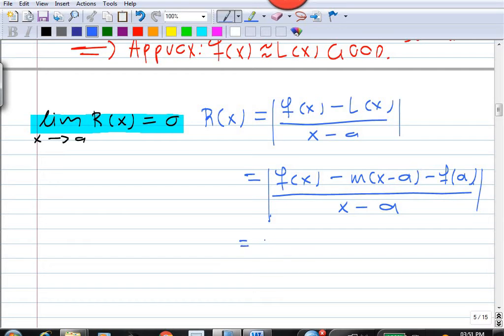And this in turn, if we just rearrange a little, gives us f of x minus f of a over x minus a minus m.